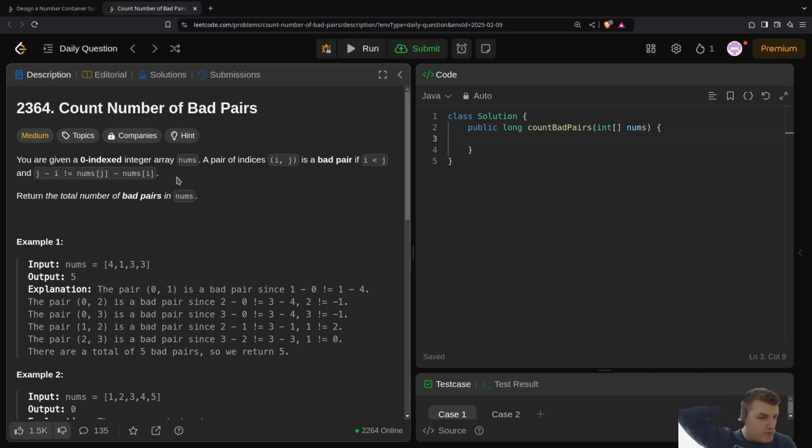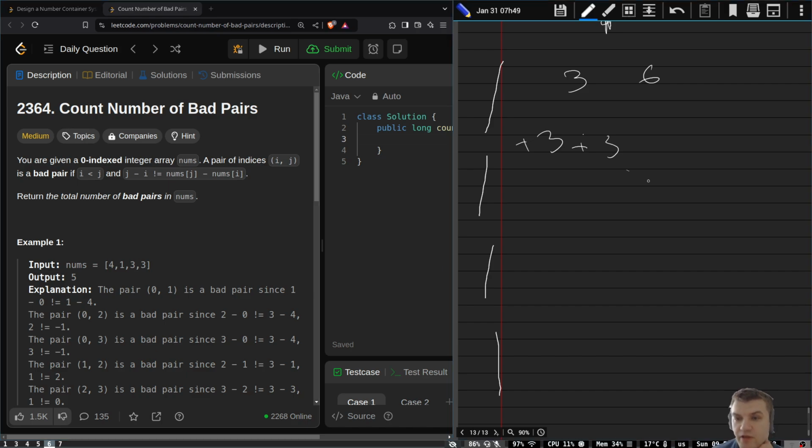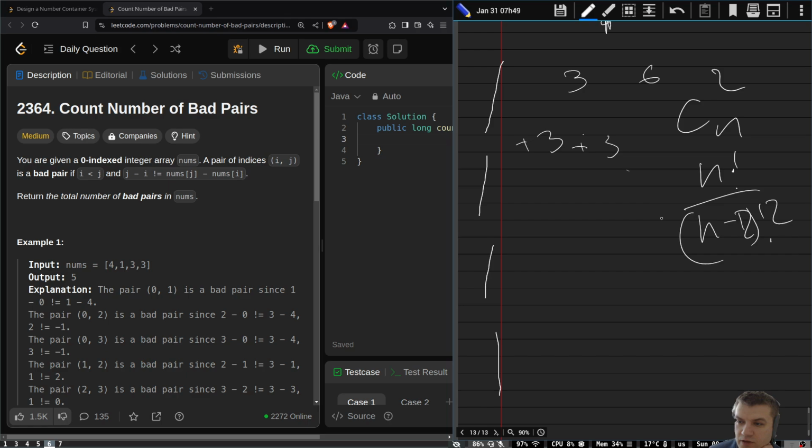So what I was thinking about is, we have the total number of pairs, C2 of n, which is n factorial over 2 factorial times n minus 2 factorial, and it's just gonna be n times n minus 1 divided by 2.